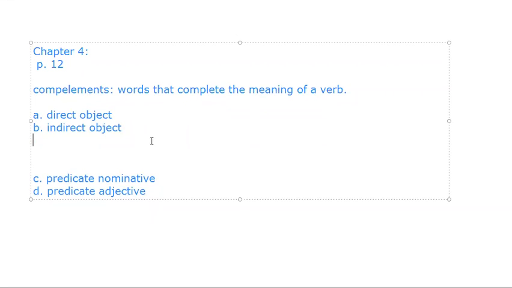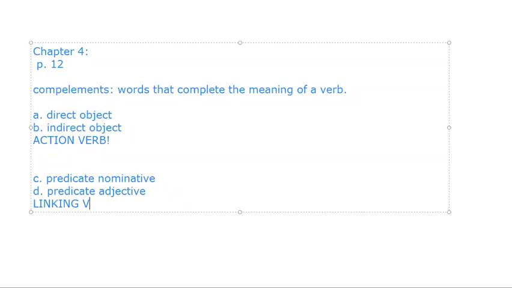If you look at your verb and you find that it's an action verb, then you're dealing most likely with a direct object or an indirect object. If, however, you have a linking verb, then you are most likely going to deal with a predicate nominative or a predicate adjective. So again, these complements come with a linking verb.